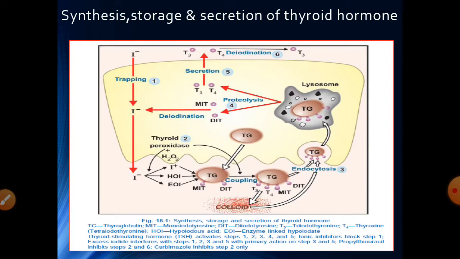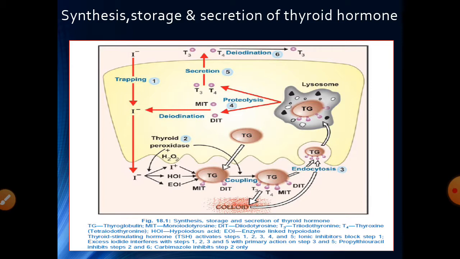Next comes the synthesis, storage and secretion of thyroid hormone. In this table, they have explained how the synthesis of thyroid hormone takes place. The first step is trapping of iodide. This trapping of iodide takes place, then this is converted into the follicular cell. All this process takes place in the follicular cells, and the parafollicular cells are responsible for parathormone.